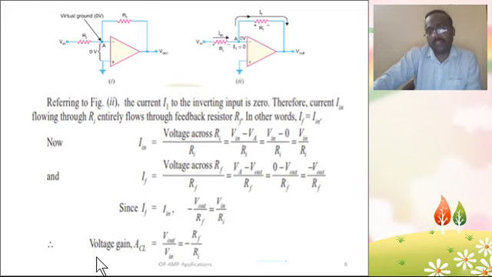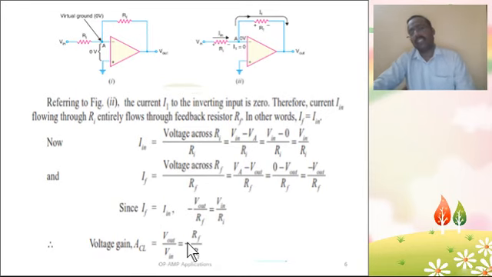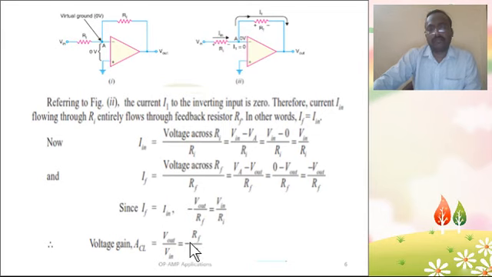So the voltage gain ACL, the closed loop gain, is equal to Vout divided by Vin, equal to minus RF divided by Ri. This is the voltage gain equation of an inverting amplifier. The minus indicates 180 degree out of phase.